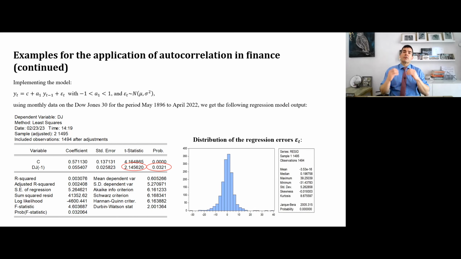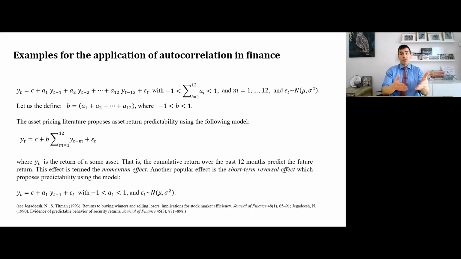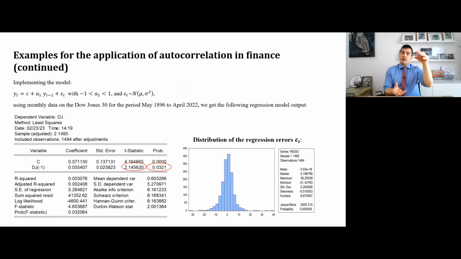It's important to have in mind that this short-term reversal effect, this negative autocorrelation, has been proposed for single securities, single stocks, and then portfolios are formed based upon these first-order autocorrelation parameters, in essence. Whereas if we consider indices, it's the opposite. The effect should be positive.